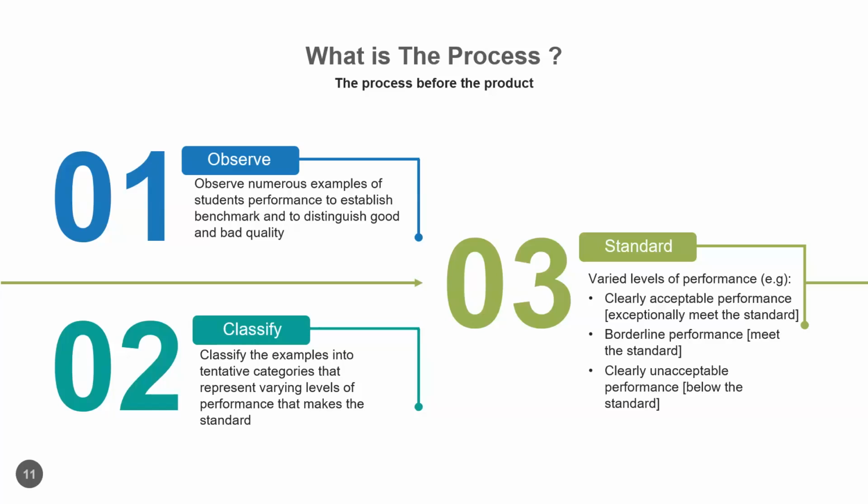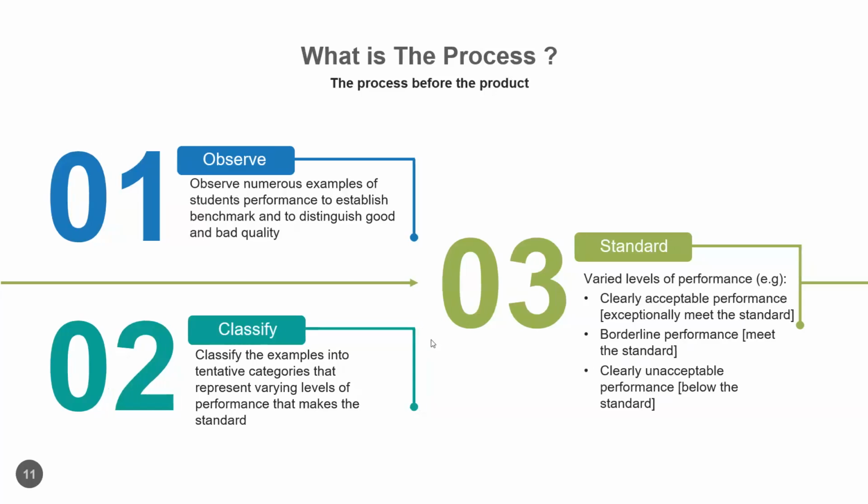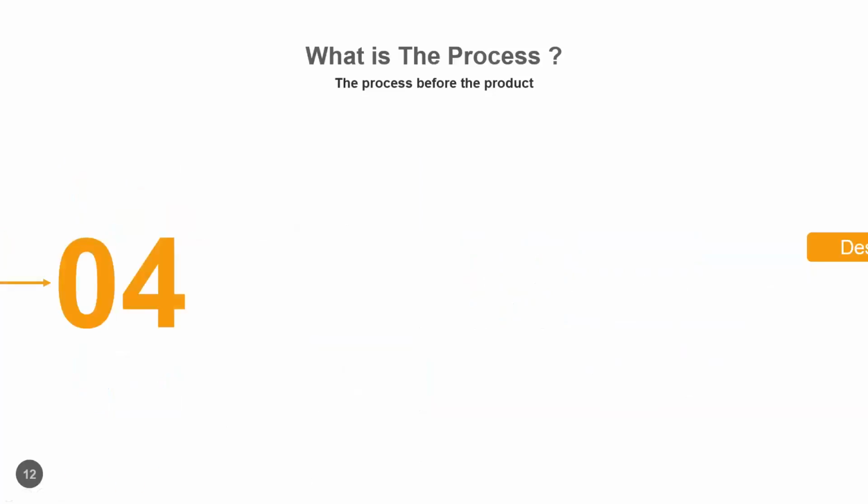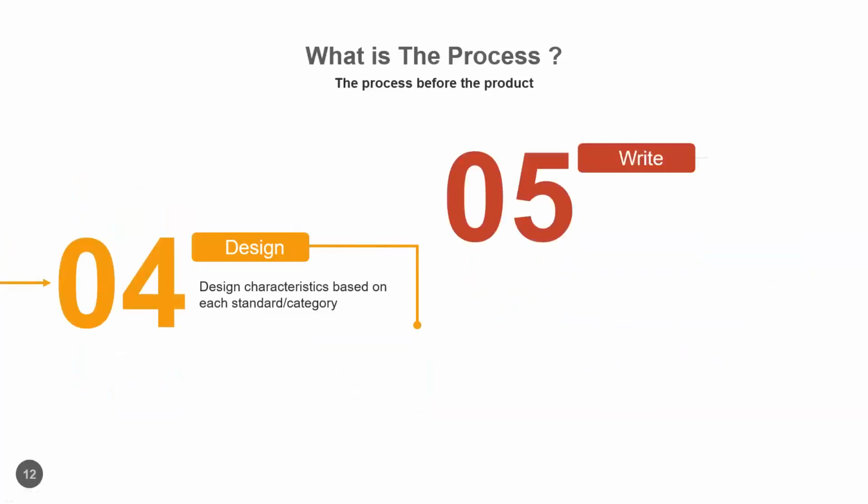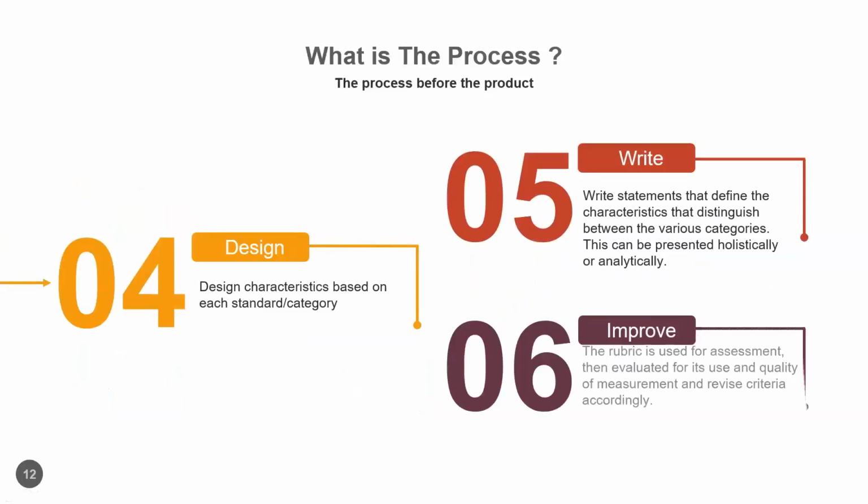So once you've done the observe, the classify, the standard, next will be to design the rubric. You design the characteristics based on each standard category, and once you've designed the characteristics, the next is to write the statements. You've got to define the characteristics that distinguish between the various categories. Meaning, if they are exceptionally able to do something, what are their behaviors? What is it that they are able to do?